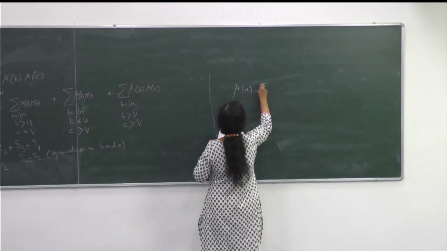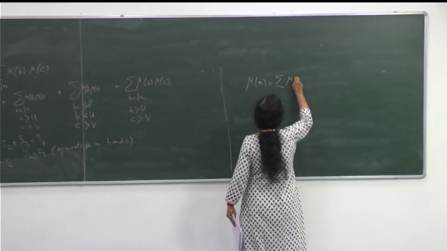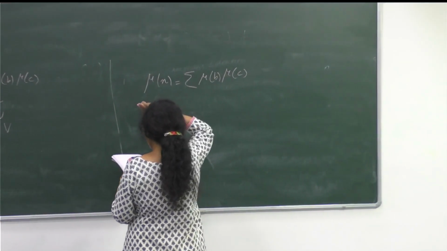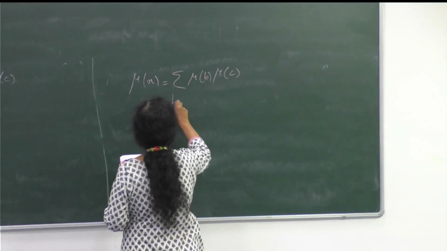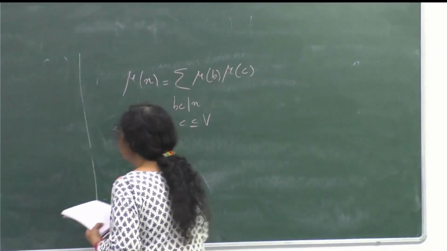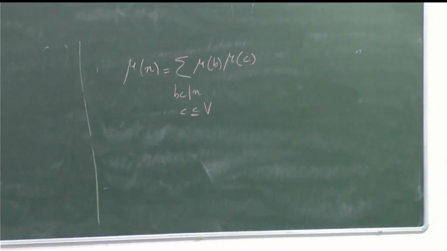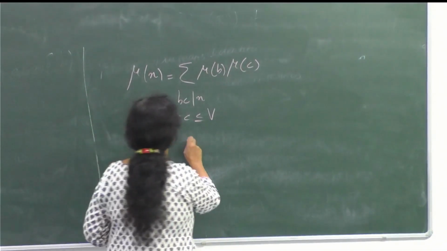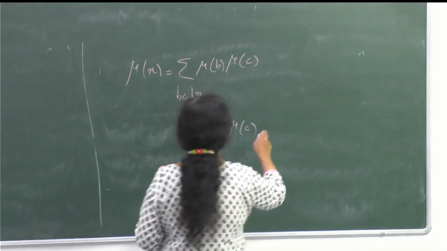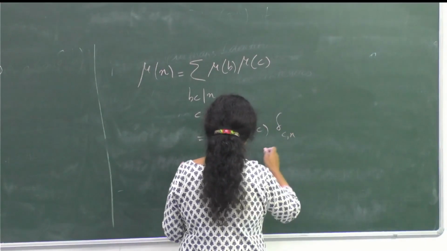Mu of n is mu of b times mu of c, where bc divides n and c is less than or equal to v. And this is equal to mu of c, is a delta Cn, which means either 1 or 0.